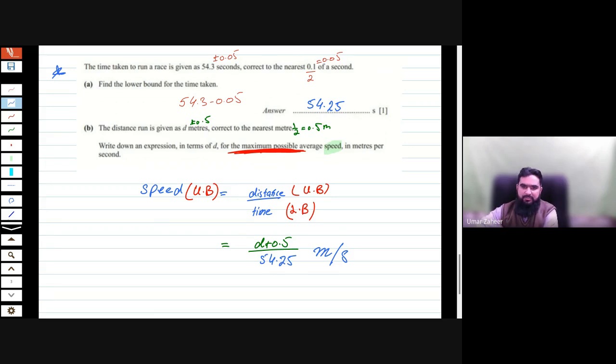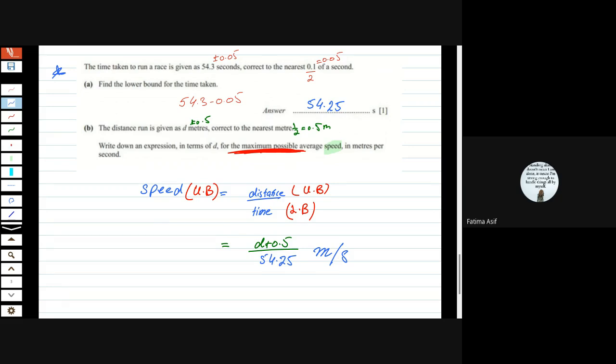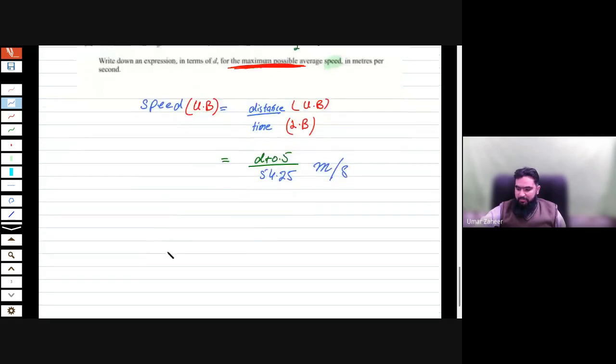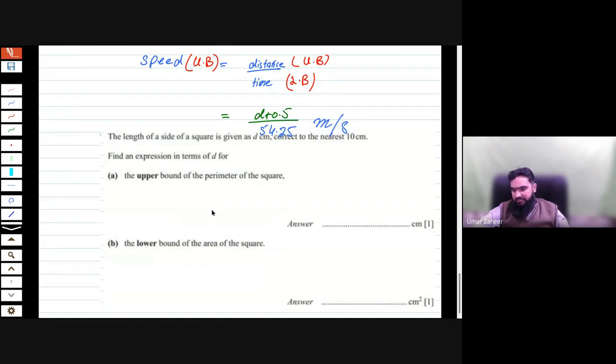There is no need to simplify more. If you want, you can write d divided by 54.25 plus 0.5 divided by 54.25. Both are simplified forms, but that one you are expanding, so this is a better option. You can leave the answer up to here.